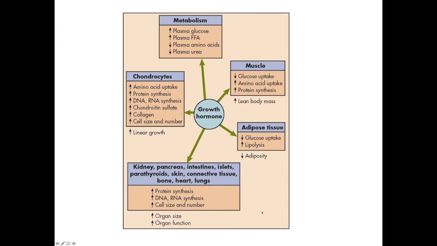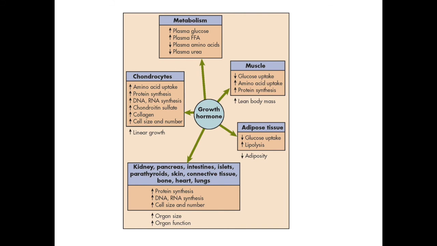And then it has a bunch of functions on other organs, and most of these are to increase protein synthesis, increase DNA and RNA synthesis, and in general then the organ size and the organ functions are all increased. And we see this also in chondrocytes, where amino acids are taken up, and this stimulates protein synthesis, DNA and RNA synthesis, and a general increase in cell size and cell number.